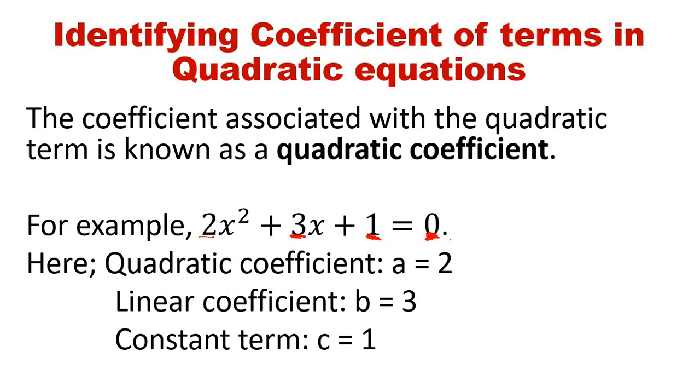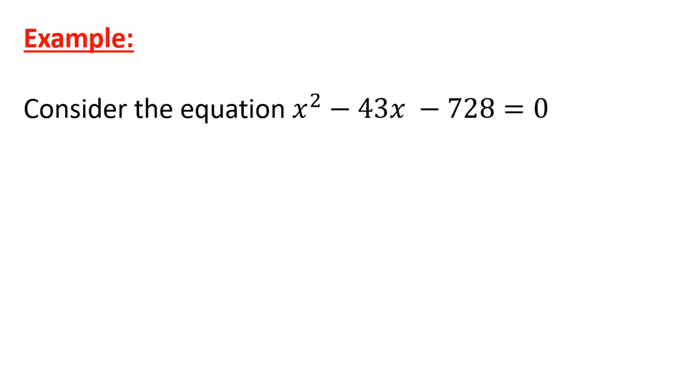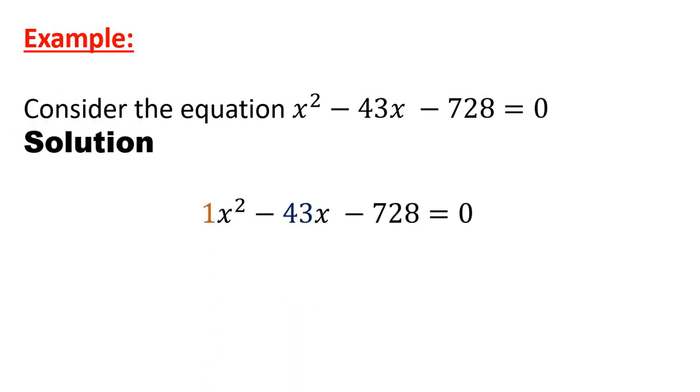Let's look at another example. Here we have x squared minus 43x minus 728 equals 0. There is no number before x squared, our quadratic term. When you don't have any number before your term, it means that it is 1.